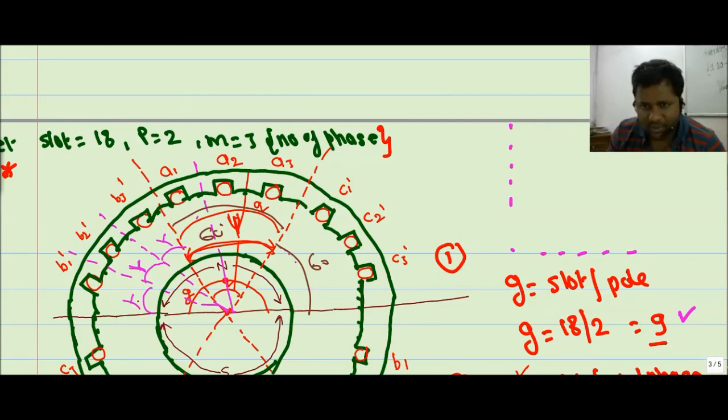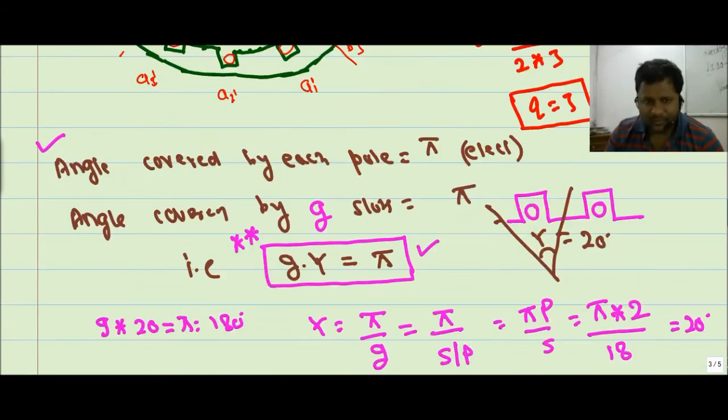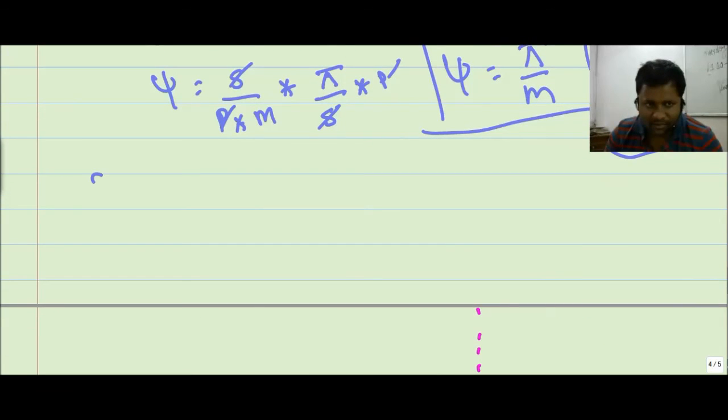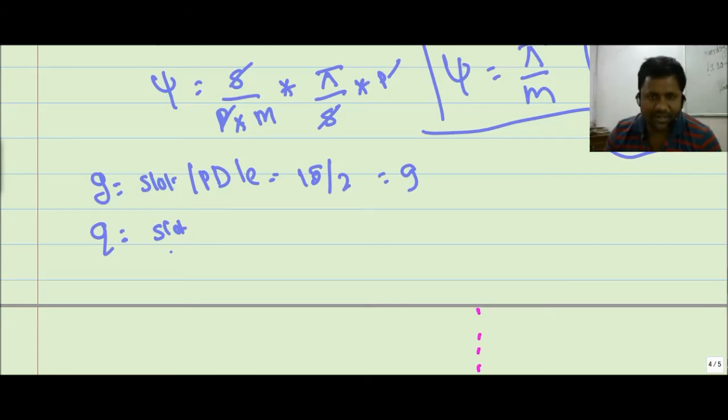So in this lecture we have considered 4 important parts. The first is G, the slots per pole, which is 18 divided by 2, so 9. Then Q equals slots per pole per phase: 18 divided by number of poles 2 and 3, which is 3.